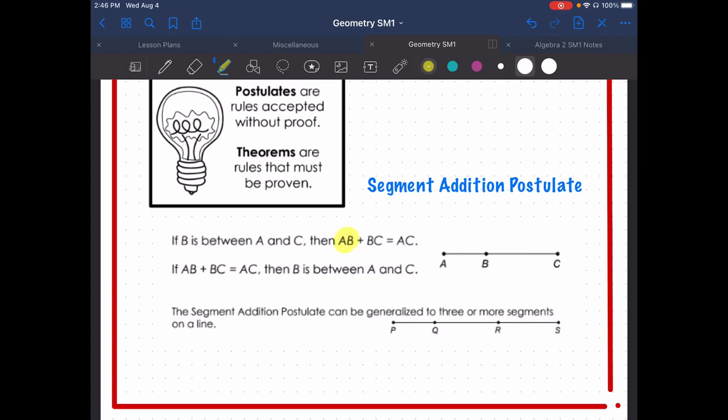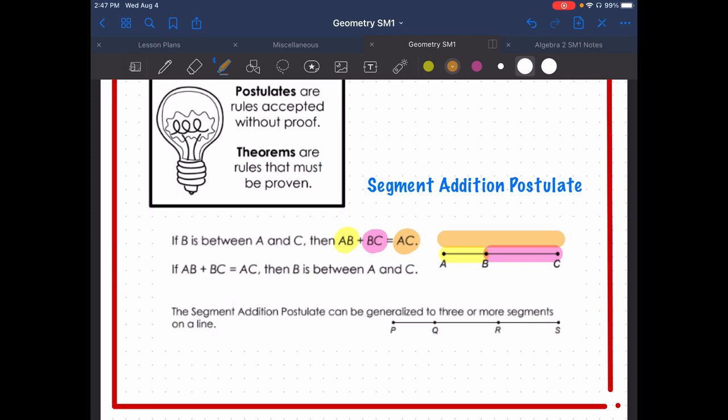So AB plus BC equals, and let me change this to orange because yellow and the pink kind of make an orange, is equal to the same thing. Can you kind of see that yellow and that pink going into that orange and they create it together? That's exactly what this postulate says.